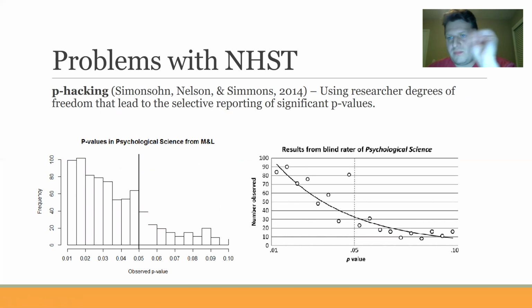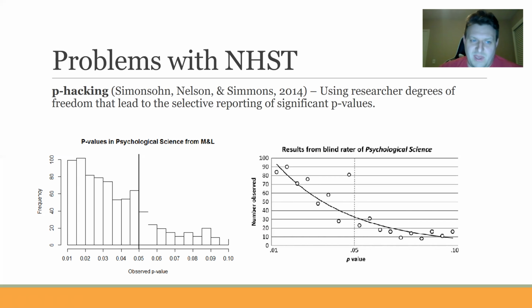definitely. Two specific researcher degrees of freedom that we're going to focus on because they've been a huge topic of debate in the past decade or so. One is p-hacking. P-hacking is where we use our researcher degrees of freedom to get our p-value lower than 0.05.